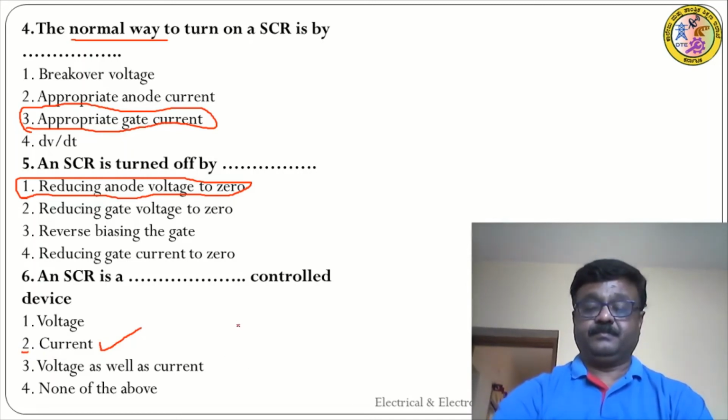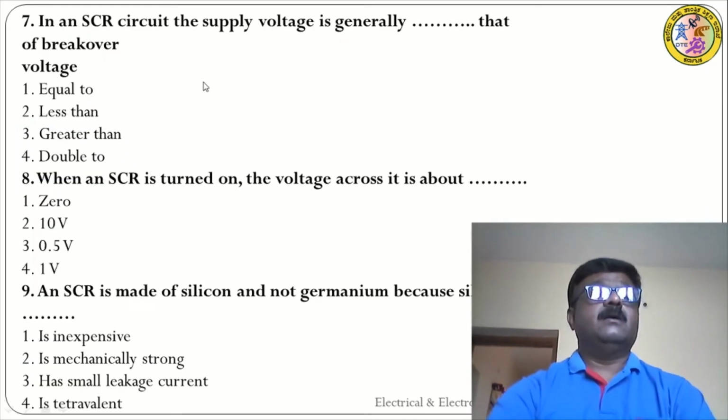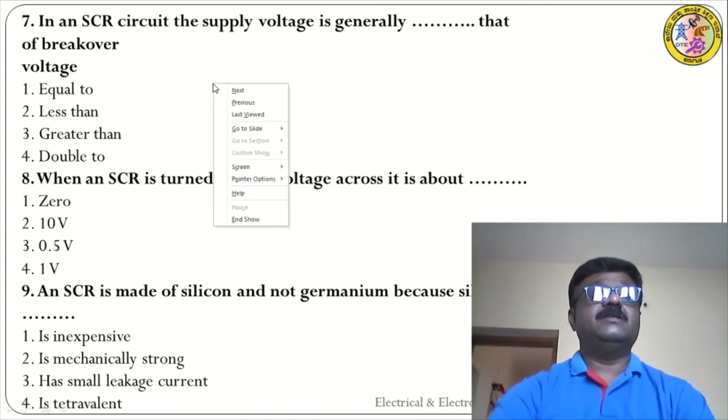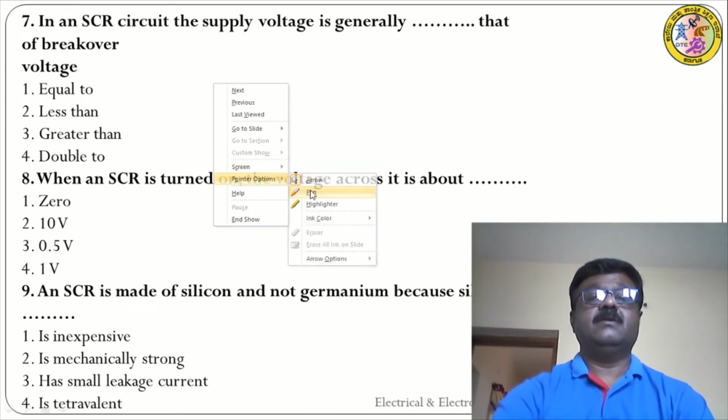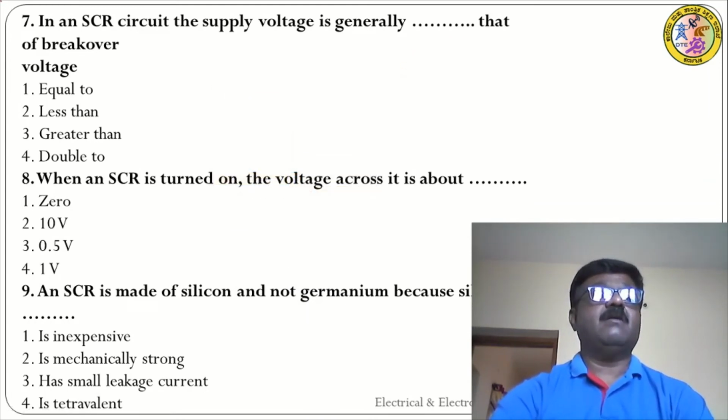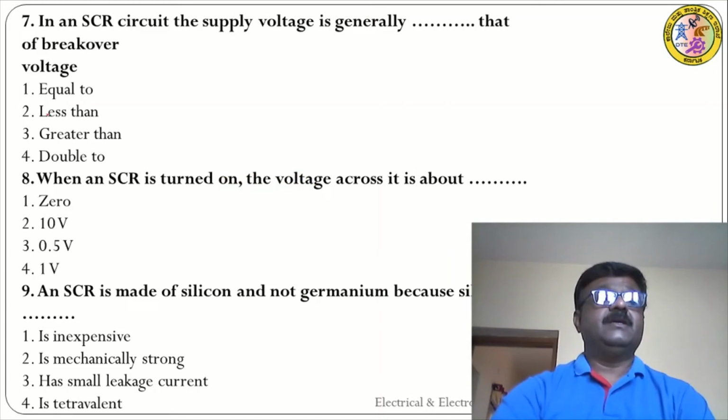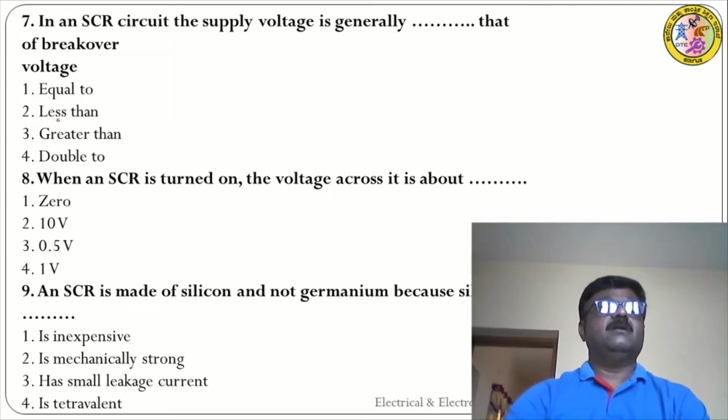Next, in an SCR circuit, the supply voltage is generally dash of breakover voltage. In an SCR circuit, the supply voltage should be less than the breakover voltage. Otherwise, what happens if it is more than the breakover voltage? The SCR will turn on immediately.